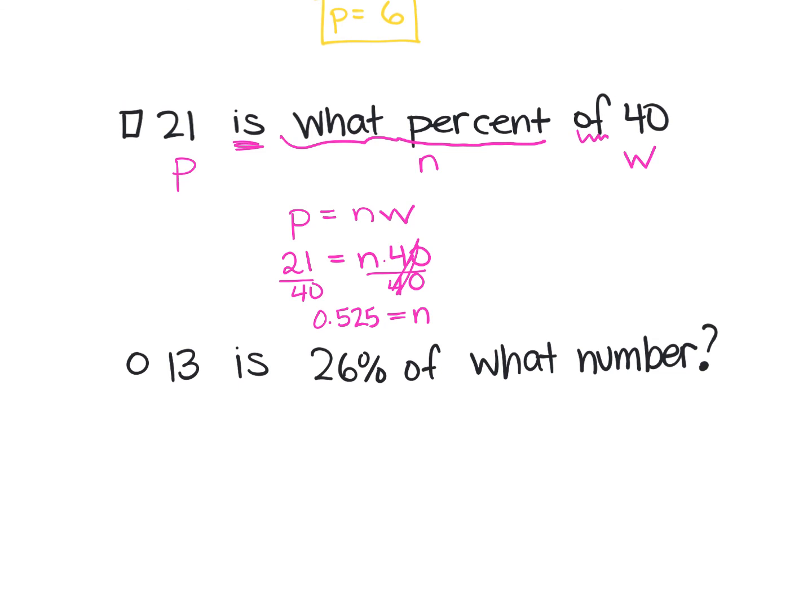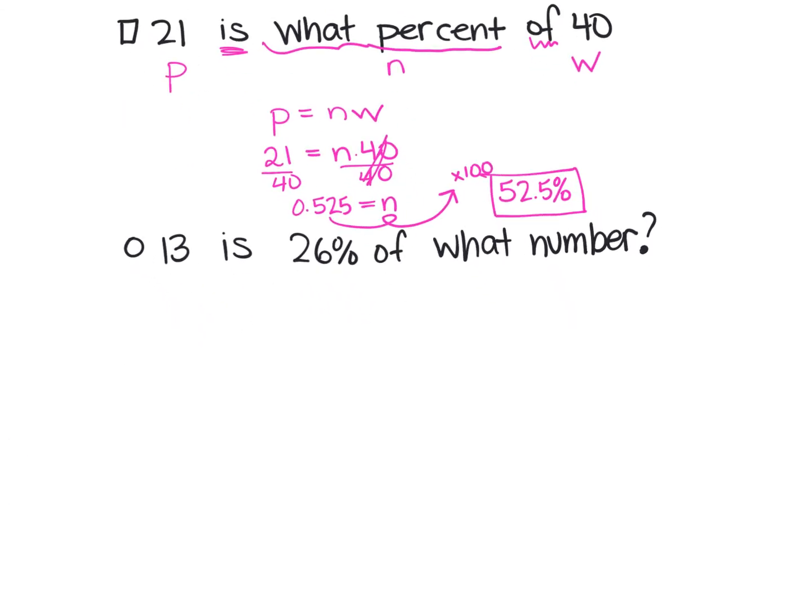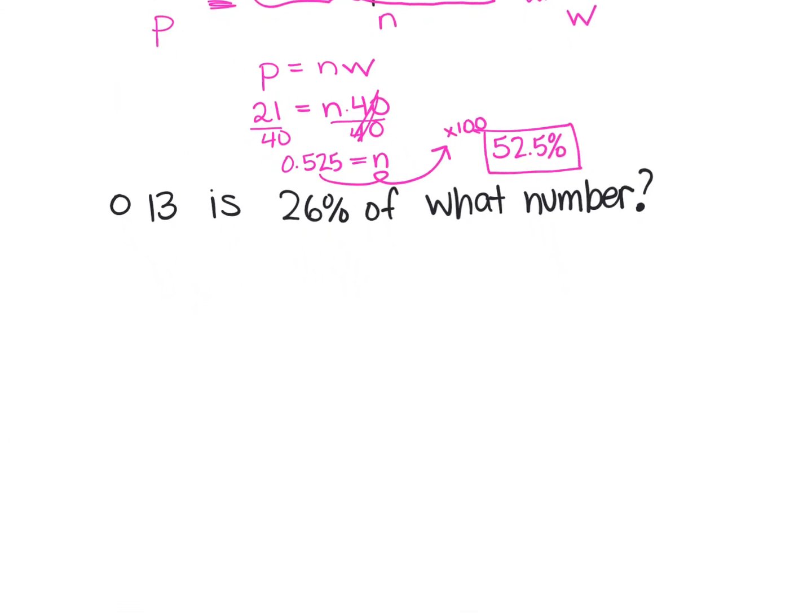And now remember, this is a decimal. We want to put it back in percent form. We need to multiply it by 100 to get that percent back. So this is 52.5% as my answer.